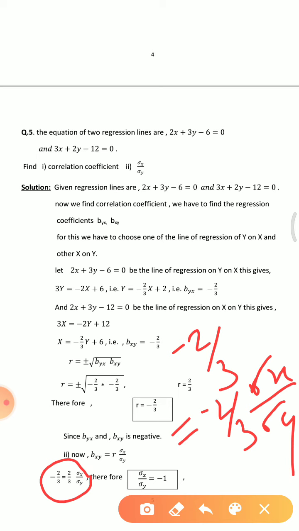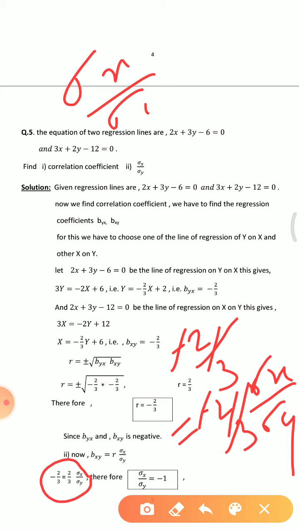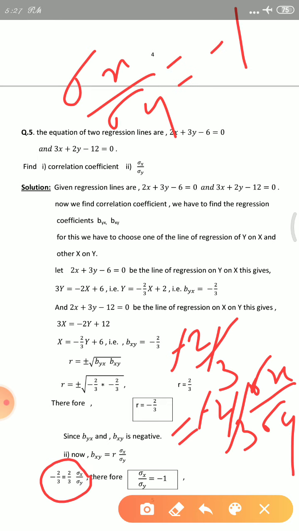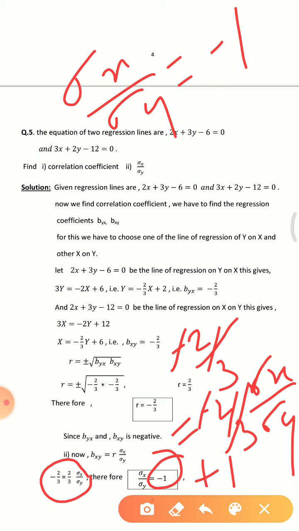On both sides the minus signs cancel and 2/3 cancels, shifting the 2/3 to the other side as 3/2. That means sigma x upon sigma y = 1. We also have to correct here, this value is equal to plus 1 with respect to minus 1.